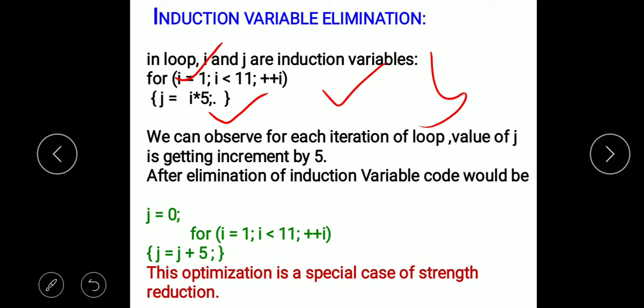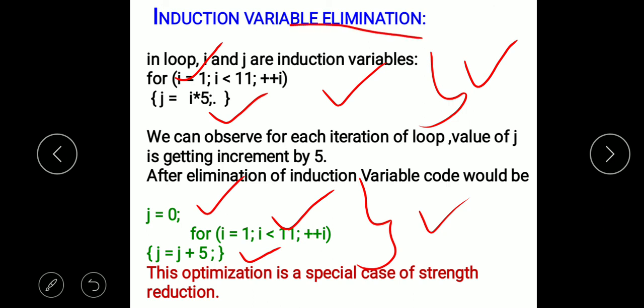So we can optimize this source code in this way. How? We can write j equals 0 and the loop would be the same. And within the loop we can write j equals j plus 5. Why are we writing j equals j plus 5? Because we have observed here that for each iteration of the loop, the value of j is incremented by 5.